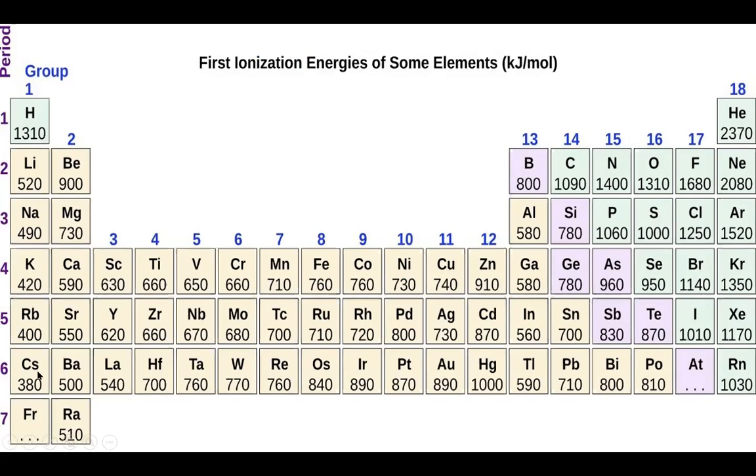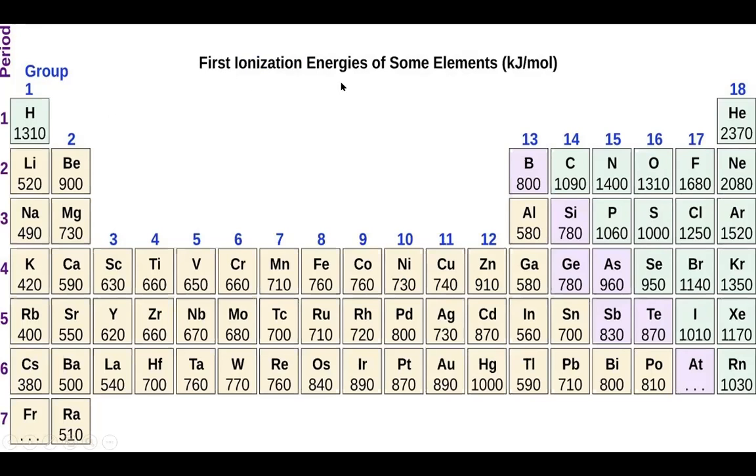While at the bottom of this group, cesium requires only 380 kilojoule per mole energy to remove its first electron or its valence electron. It means as we move from top to bottom in the periodic table from hydrogen towards cesium, ionization energy is decreasing. It means in the group ionization energy values decrease.